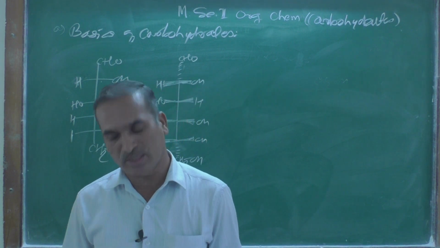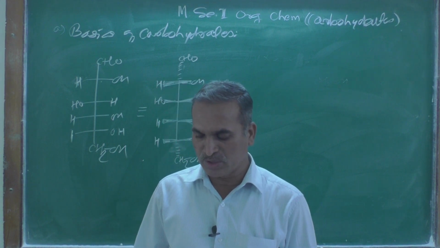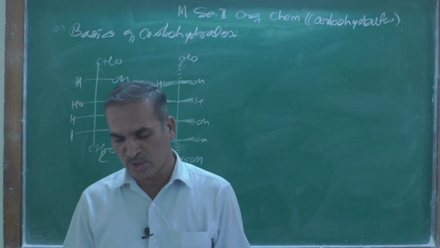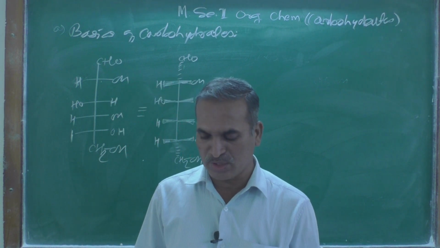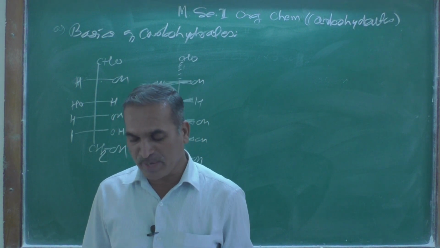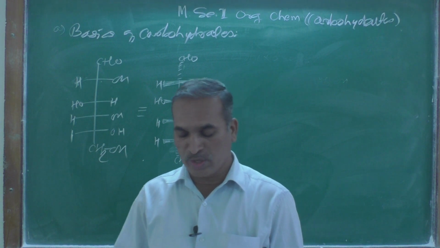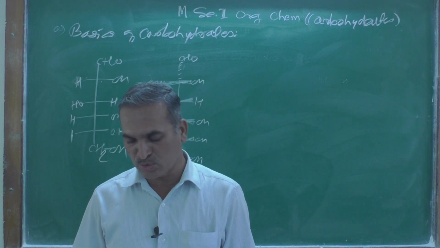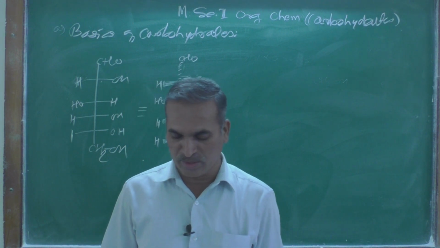The dissimilarity of the two ends of an aldohexose molecule prevents the existence of meso compounds, and hence we expect 2 raised to 4, that is 16 stereoisomers, 8 pairs of enantiomers.